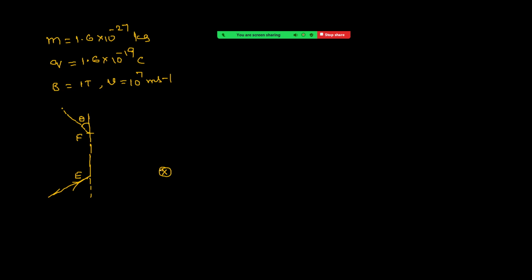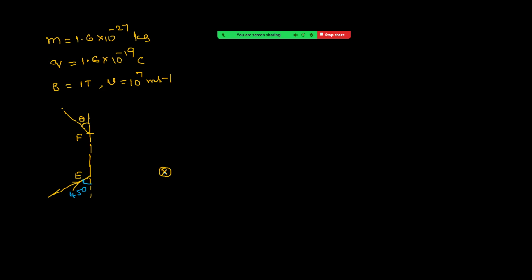So coming to here, the first thing is this angle is given as 45. Now you should be very careful here because the angle between velocity vector and field vector is not 45. Because we can see the field is normal to this plane. Imagine this is a board plane.